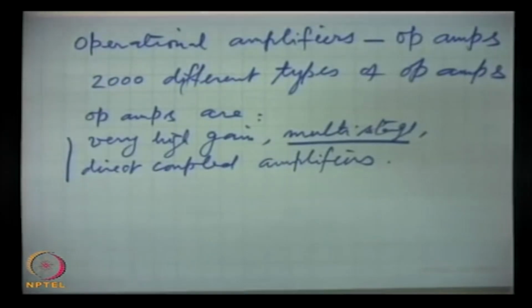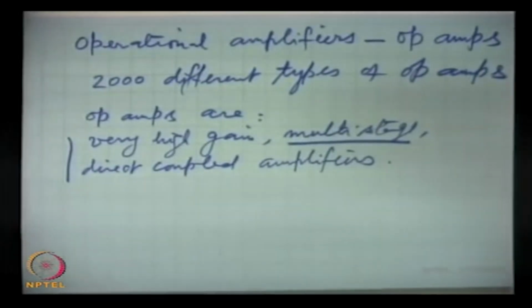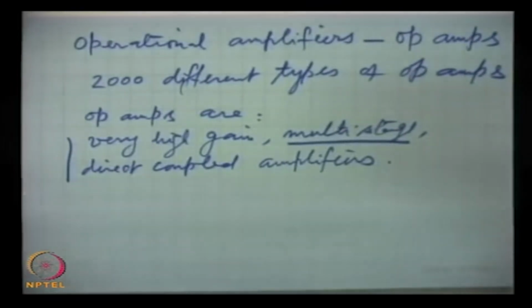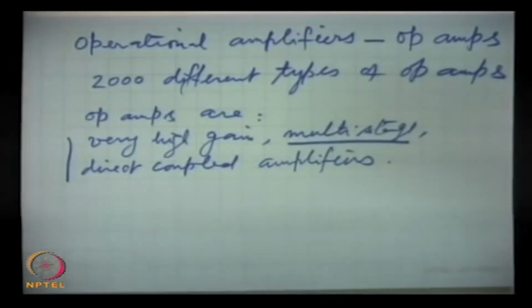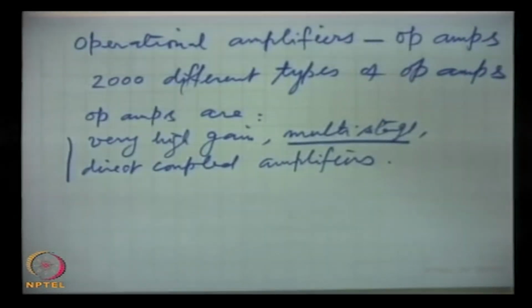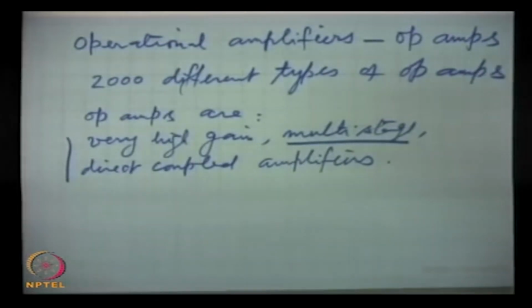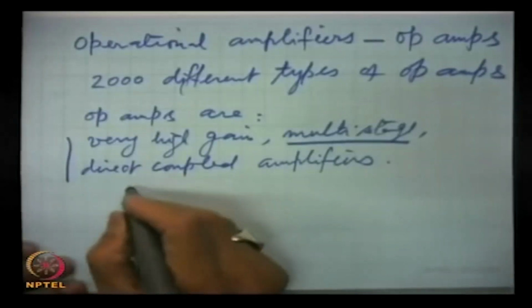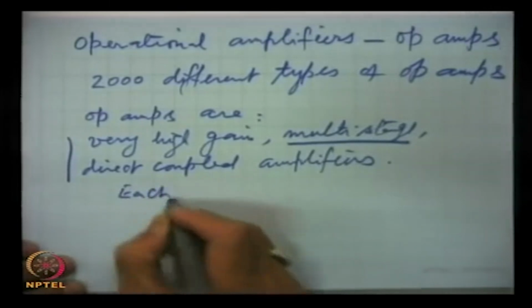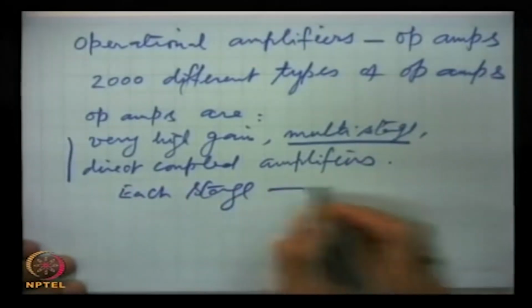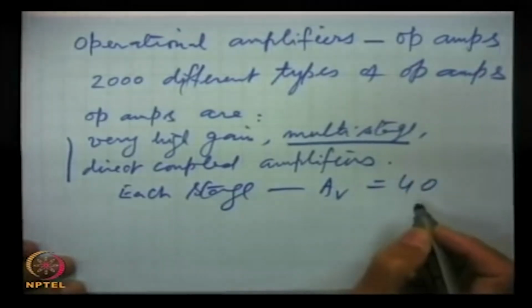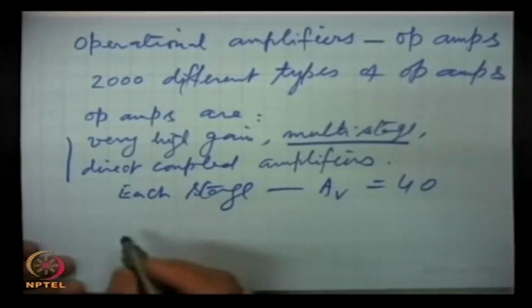About multi-stage we have studied, and the major point I repeat: if we have two amplifiers, for example, with gains of 40 and 40 individually, when they are cascaded, connected in series to form a two-stage amplifier, each stage has a gain AV equal to 40.